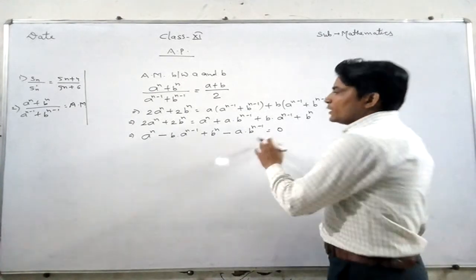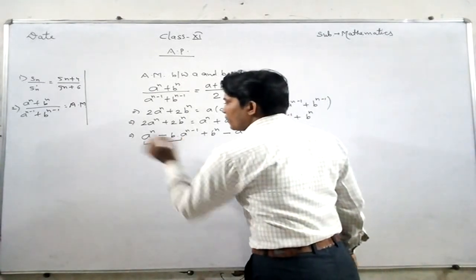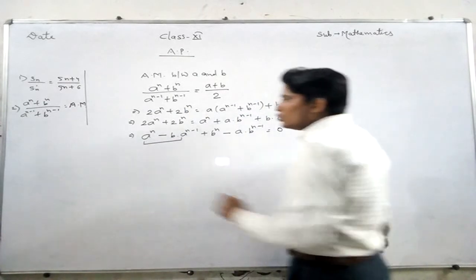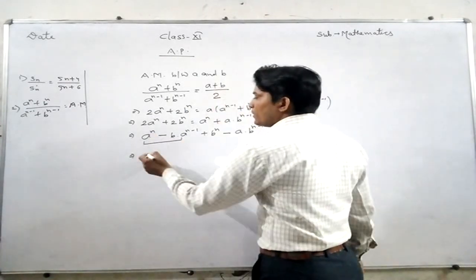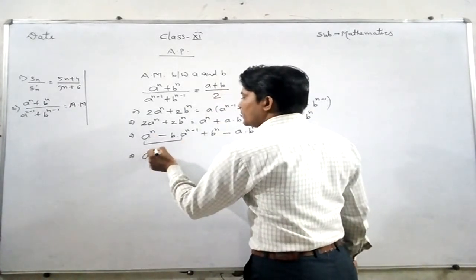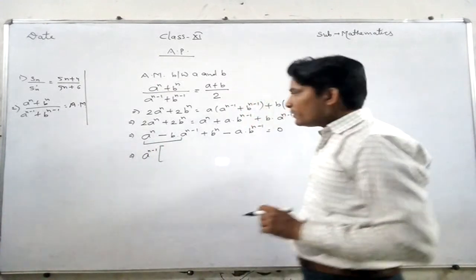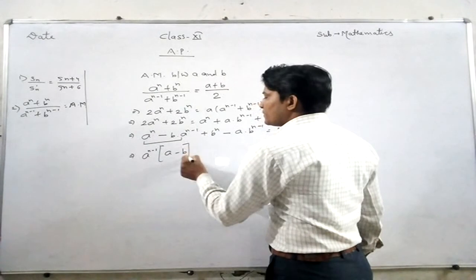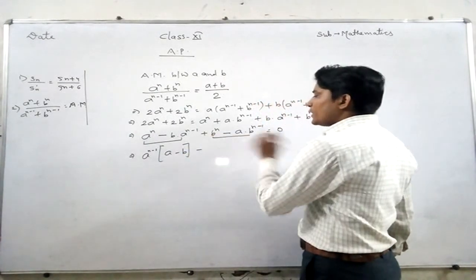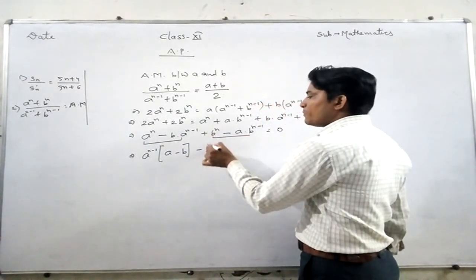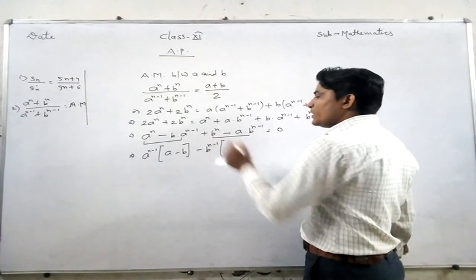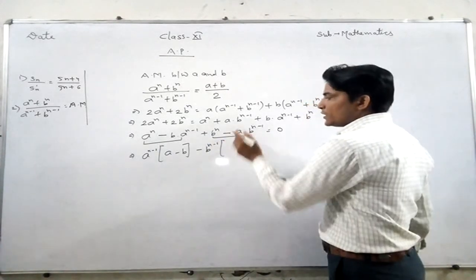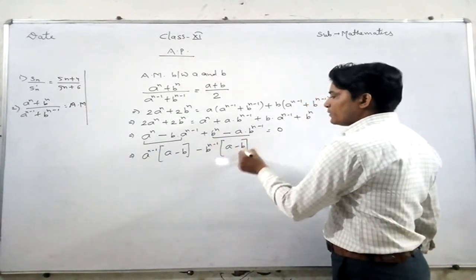If we take an minus 1 common from the first two terms, what will we get? Yes, very good, we get a minus b. Again, if we take bn minus 1 common, what will we get? Yes, a positive and b negative.